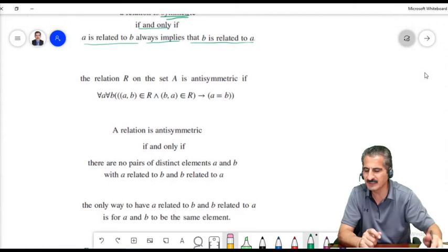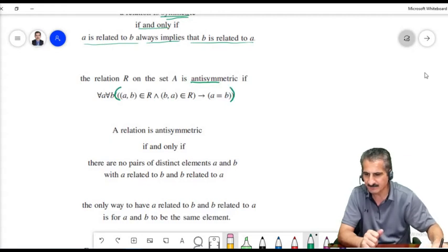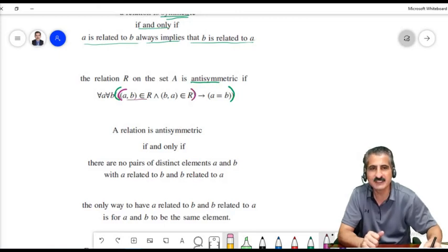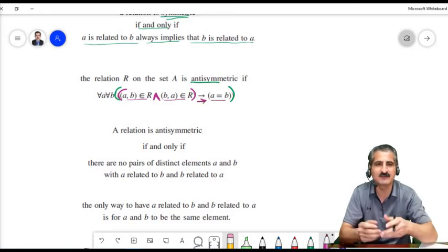Now, again, R is antisymmetric if, for every A and every B, if we have A related to B in R, and B related to A in R, then we must have that A and B are the same.